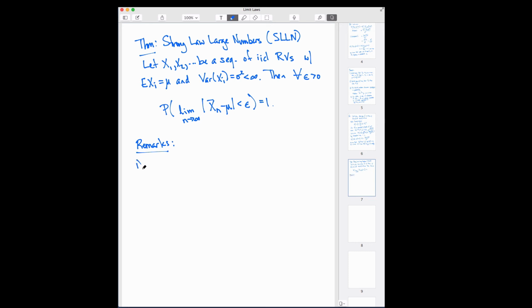The first remark I'll have is that this is another mode of convergence. So this form of convergence is called, in probability, almost sure convergence.